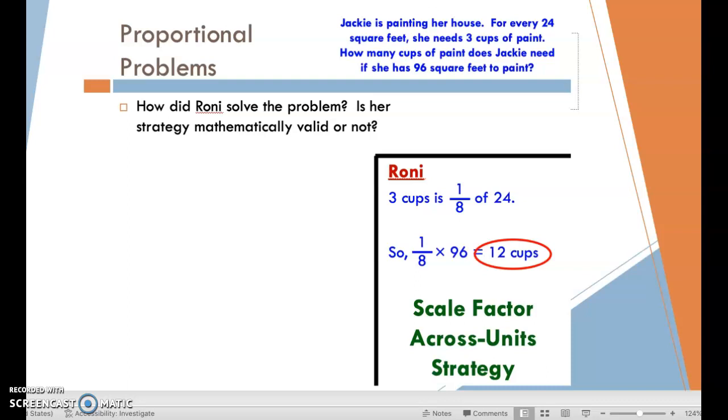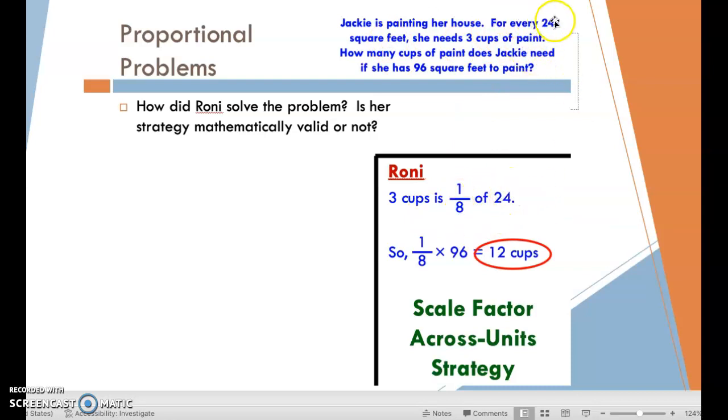Ronnie says that 3 cups is 1/8 of 24. So 1/8 of 96 is 12 cups. Okay, 3 cups of paint is 1/8 of 24.